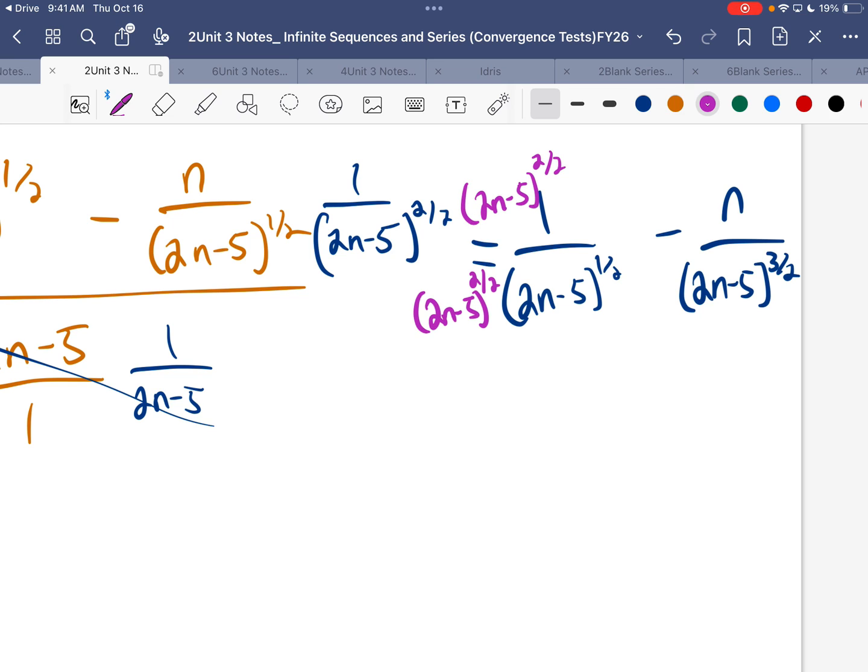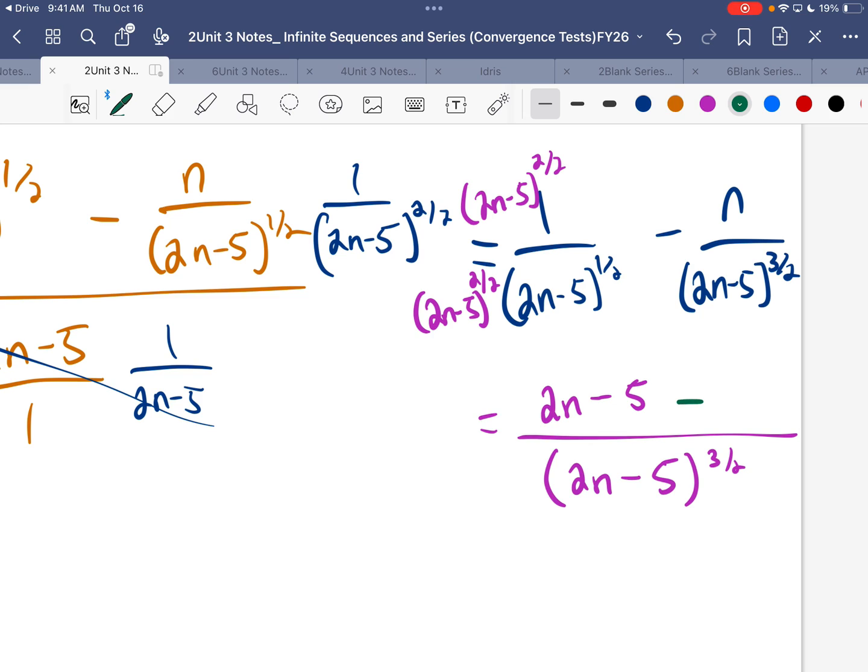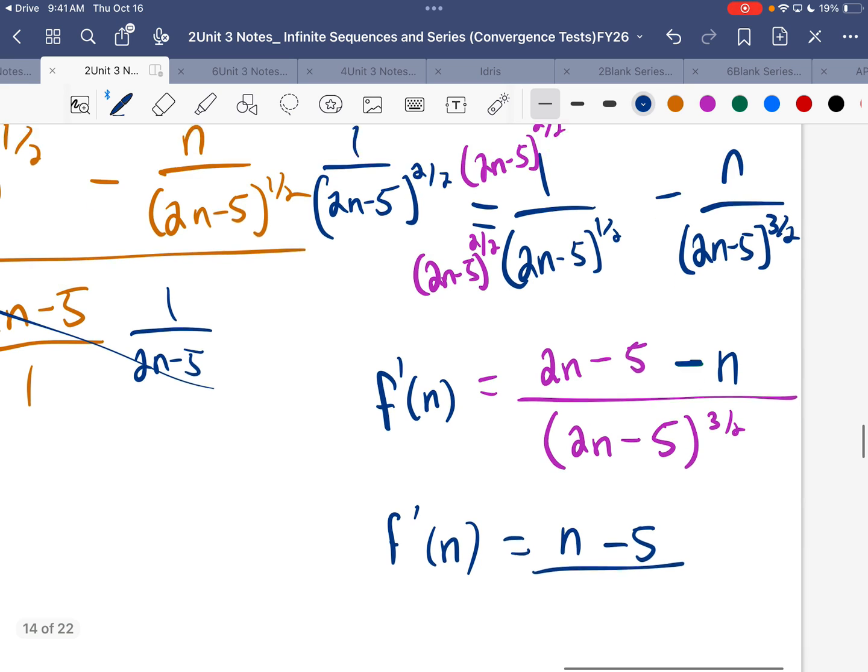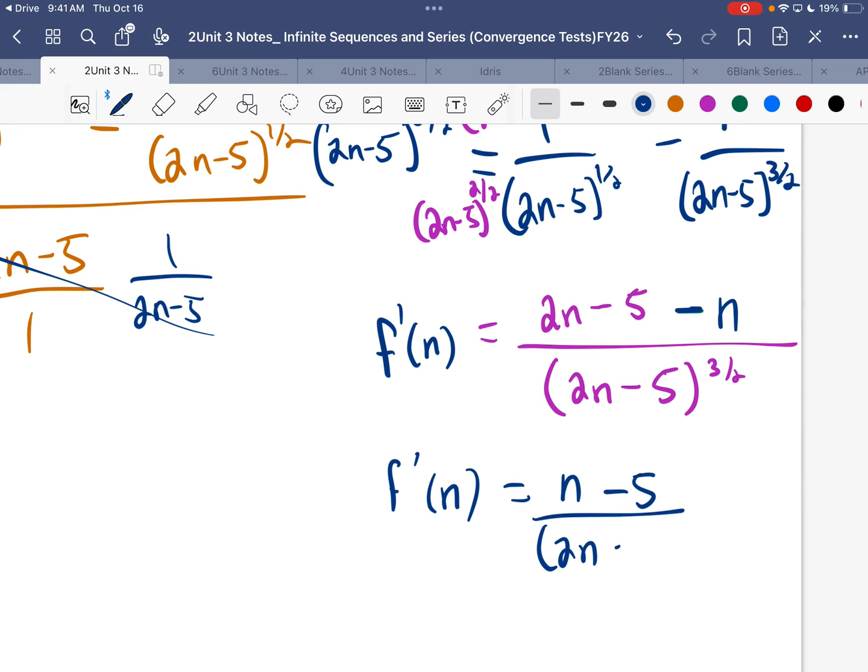That's 1 power. So F'(n) is n minus 5 over 2n minus 5 to the 3 over 2.